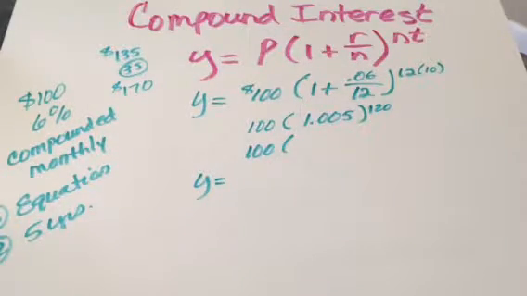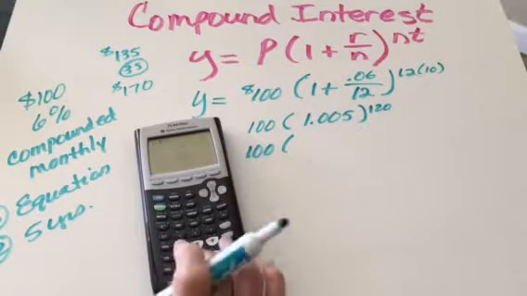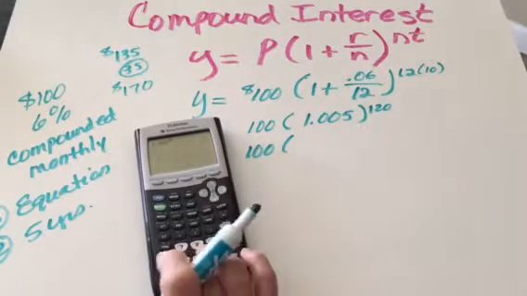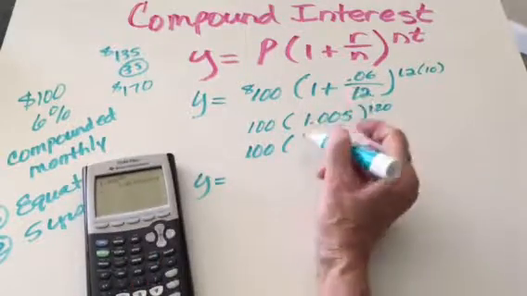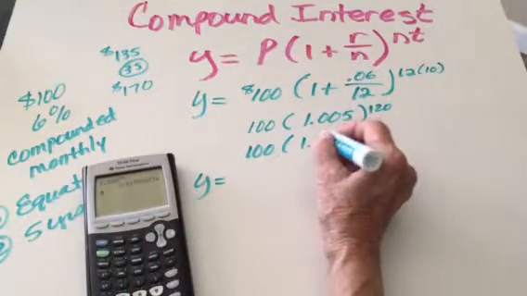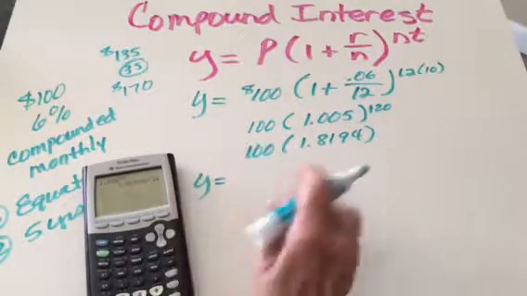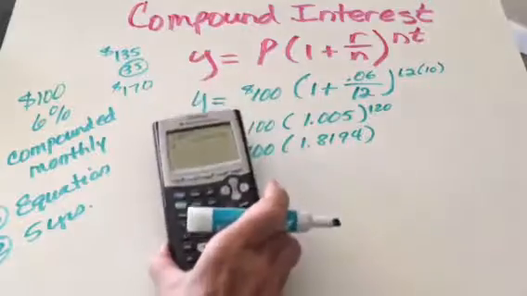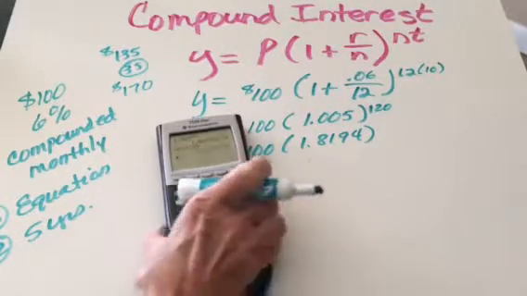All right, let's go 1.005 caret 120. And what does that equal? 1.8194, we'll say. All right, now again, in my calculator, I've already got it, so I'm just going to go times 100 equals.